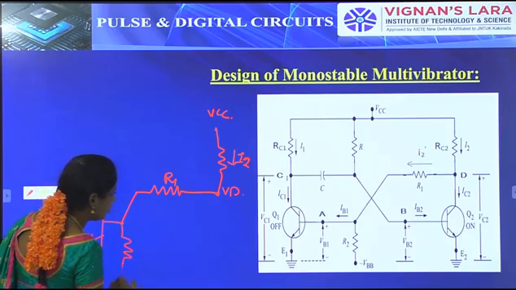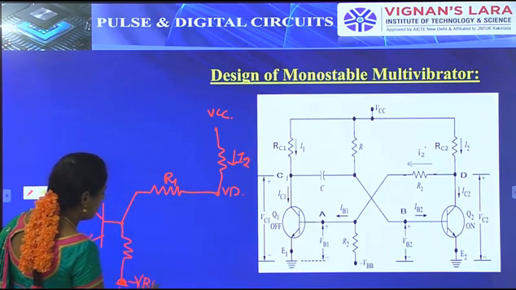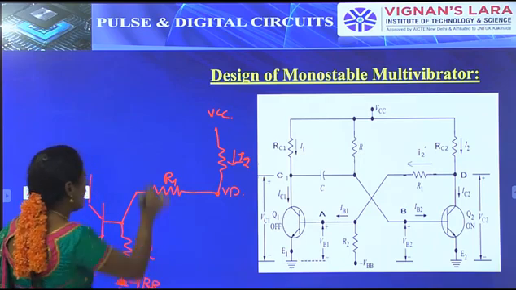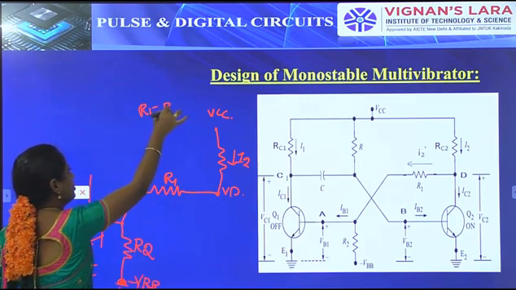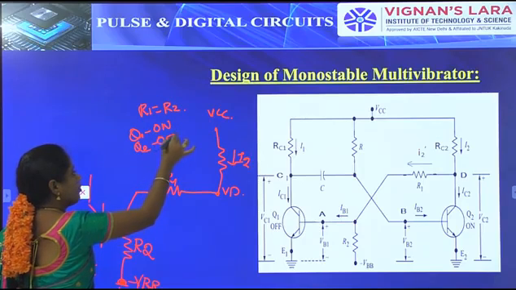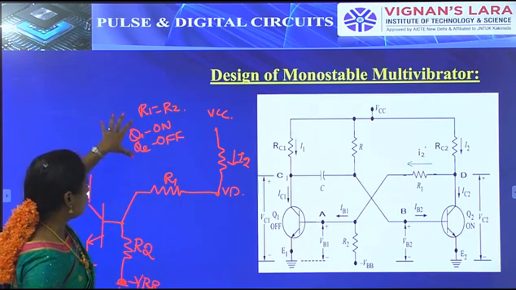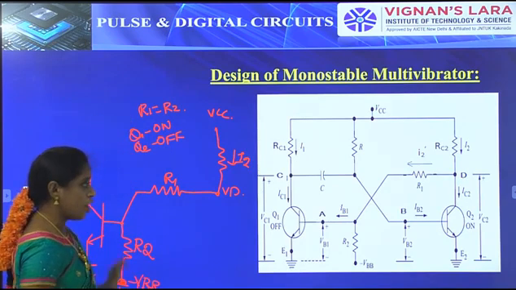This resistor we indicate with R2, and this supply will be VBB. We assume that R1 is equal to R2, and that Q1 is in on condition and Q2 is in off condition. That is our assumption.